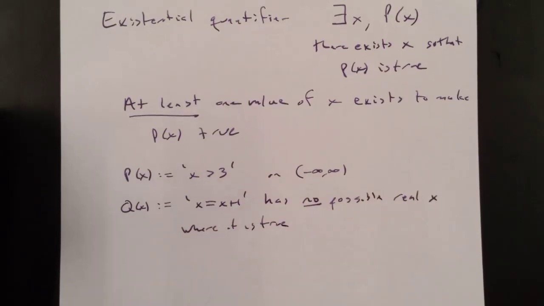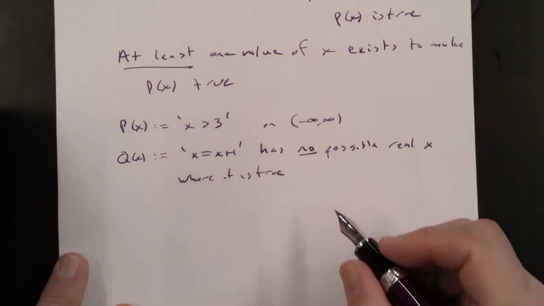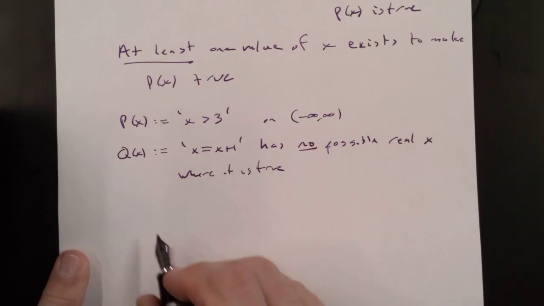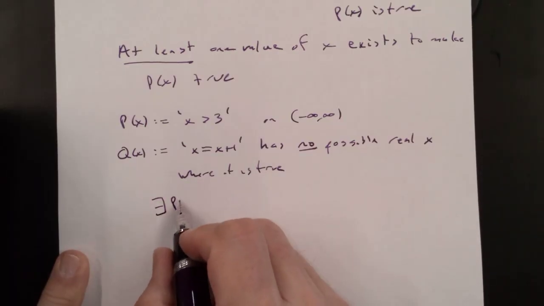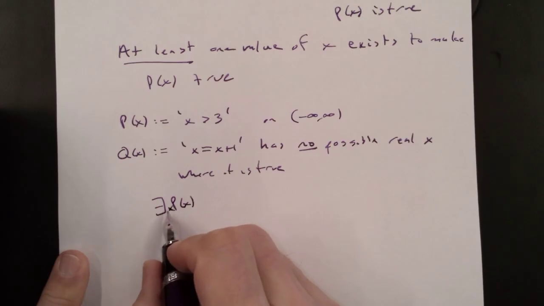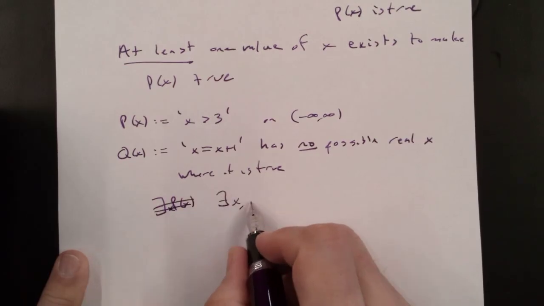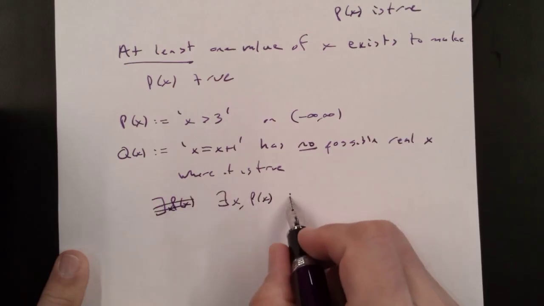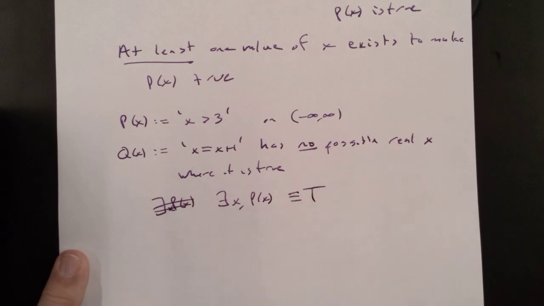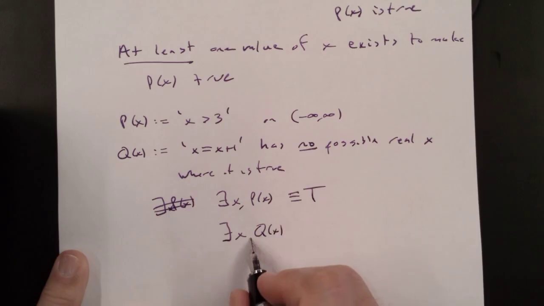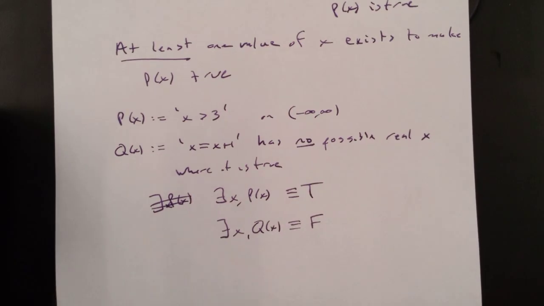So if I'm using these two propositional phrases, I can say this: there exists x, P of x. That's true. There exists x, Q of x is false. I can't ever find one that's going to work that way.